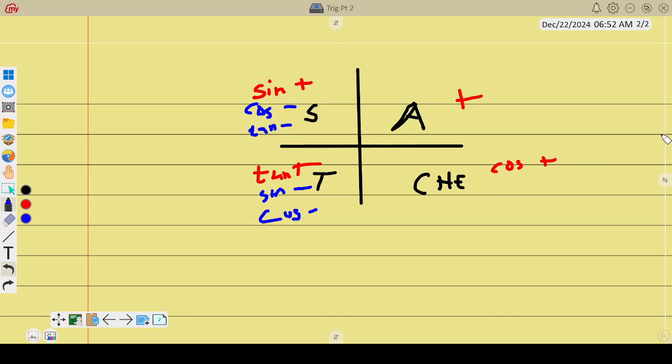In there, cos is the only one which is positive, so sine is negative and tan is negative. Alright, so yeah, in here everyone is positive. Alright, so that was a recap.